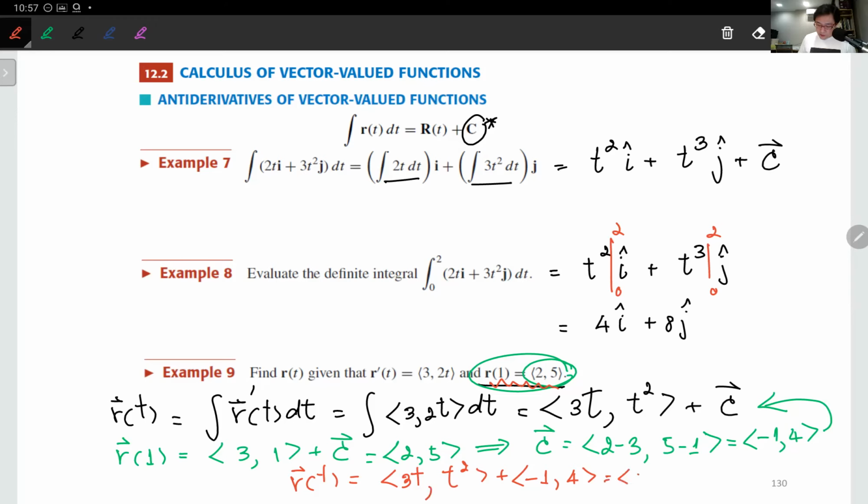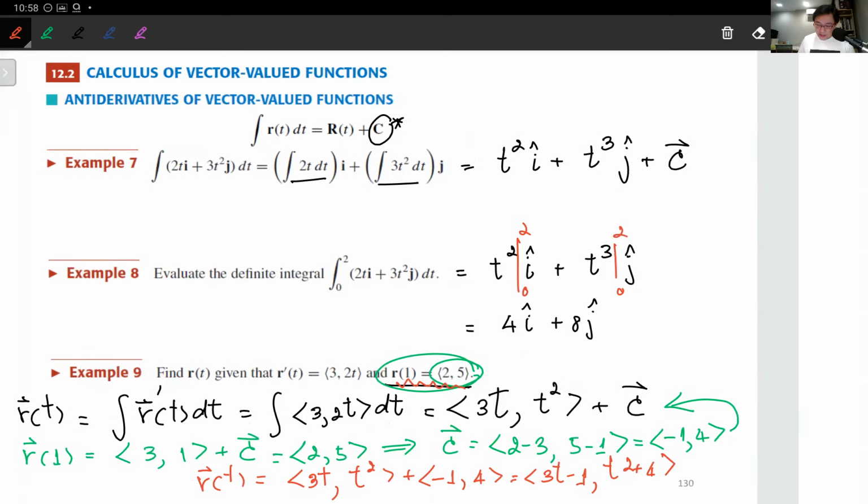So it's going to be 3t minus 1 for the x component and t squared plus 4 for the y component. That's it. So I think that's good. All right. Not bad, I guess. So if this is good, then that's it, guys. Done for today's lecture. Okay, very good.